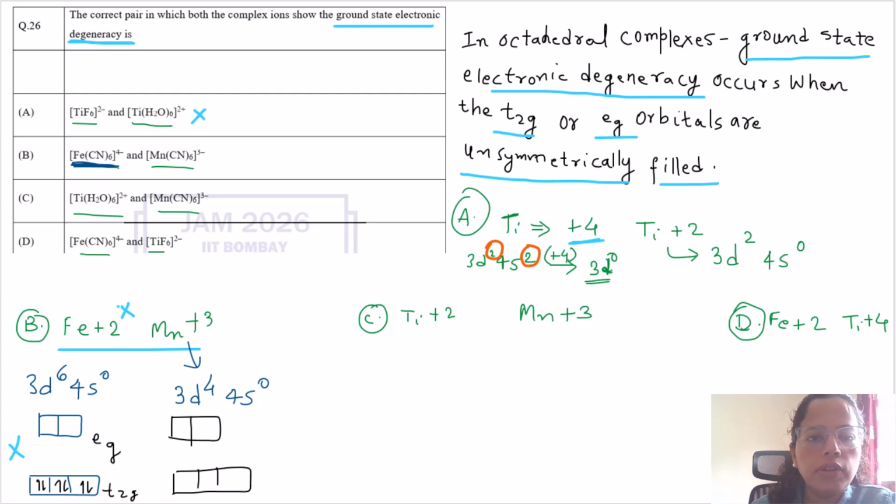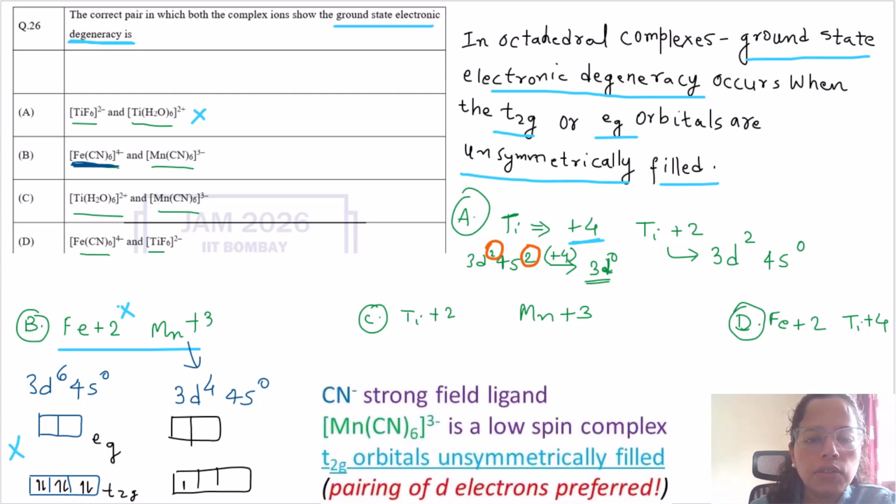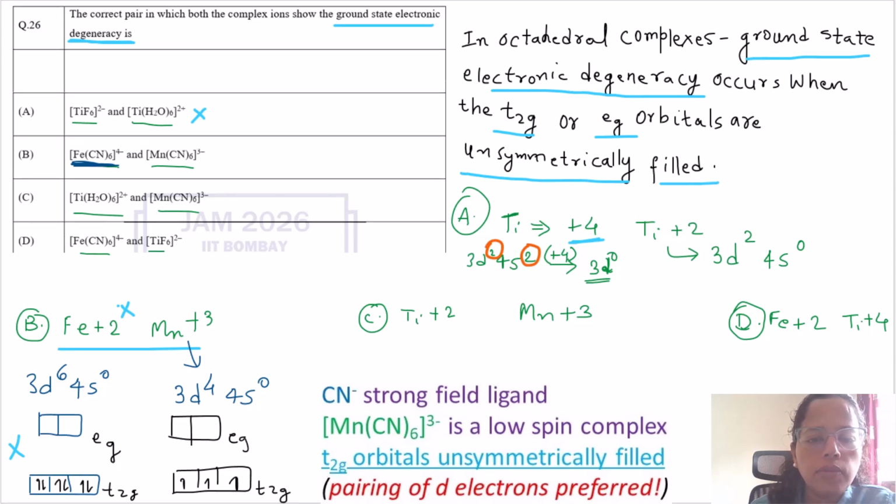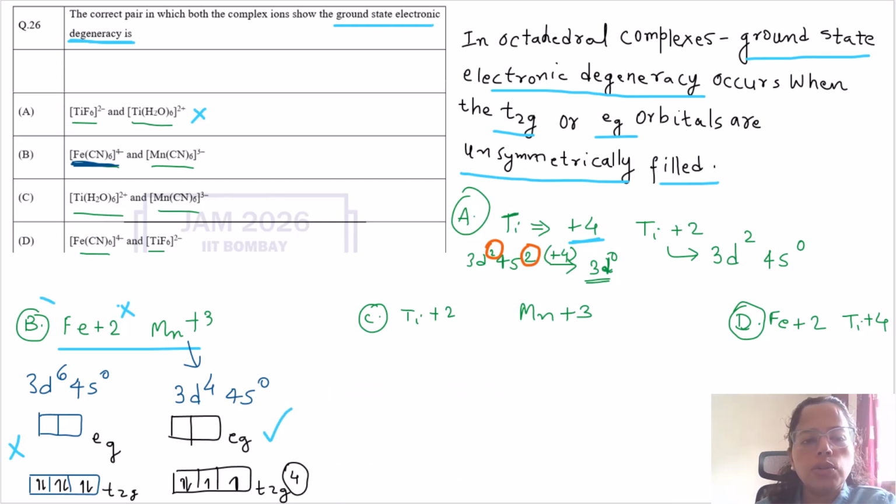Then for Mn3+, we have a d4 configuration with a strong field ligand. So first the T2G orbitals are singly filled, and then one electron pairs up. So we have a T2G4 configuration, and this one is unsymmetrically filled for Mn(CN)6 3-. So degeneracy occurs here, but since degeneracy does not happen in both of these complexes, this option is also eliminated.